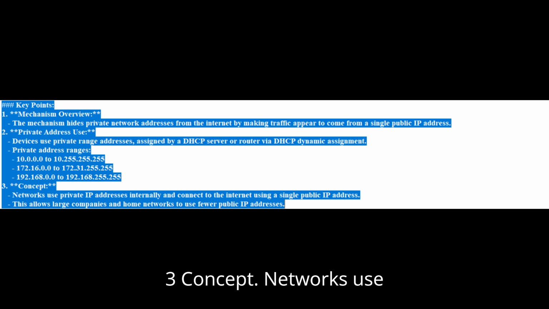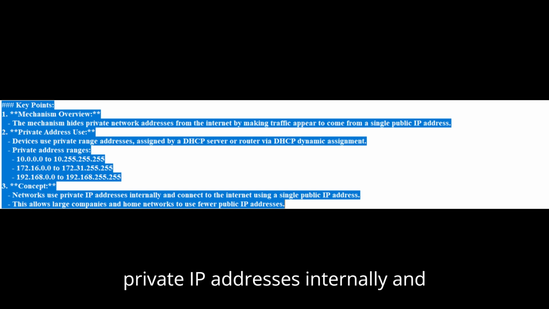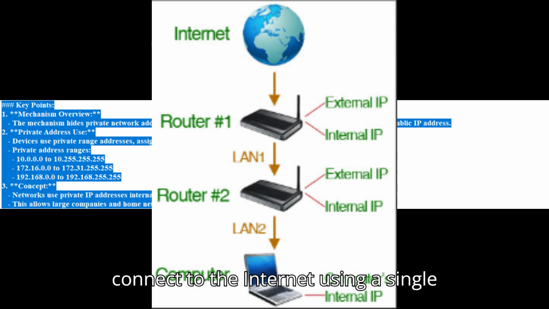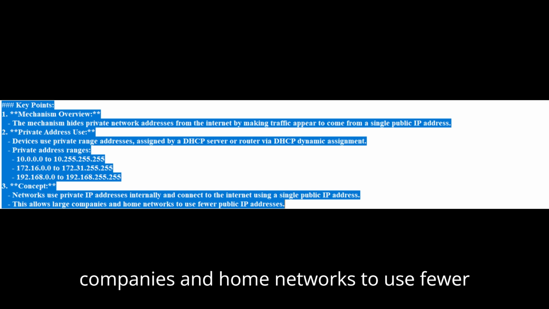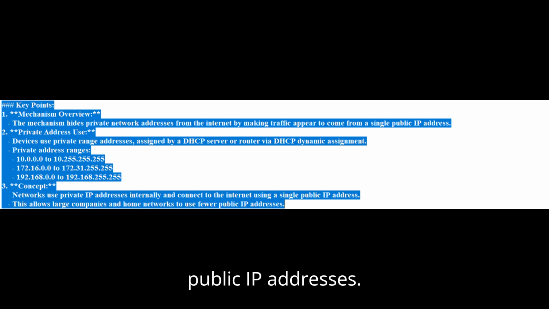Concept. Networks use private IP addresses internally and connect to the Internet using a single public IP address. This allows large companies and home networks to use fewer public IP addresses.